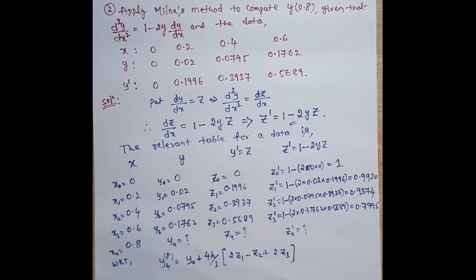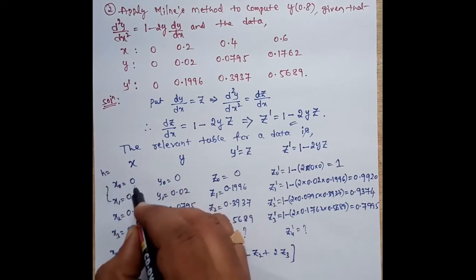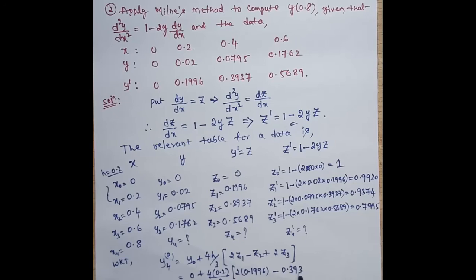So let us substitute the values for this. y0, what is y0? 0 plus 4 into h. What is h here? It is just the difference of these two. h is 0.2 minus 0, which gives 0.2. So it is 4 into 0.2 divided by 3 into 2 times z1. What is z1? 0.1996 minus z2. z2 is 0.3937 plus 2 into z3.